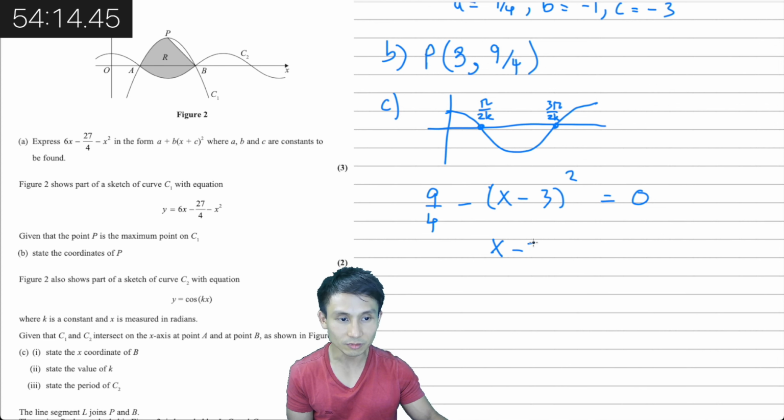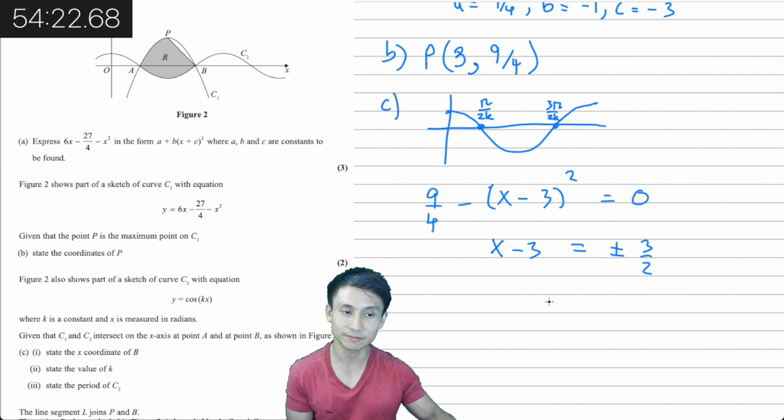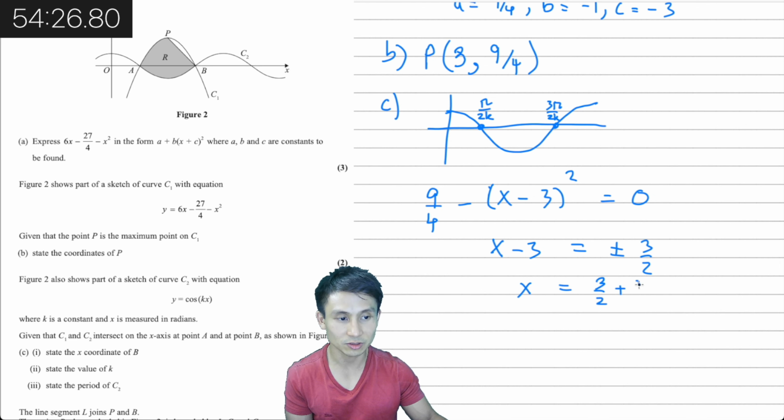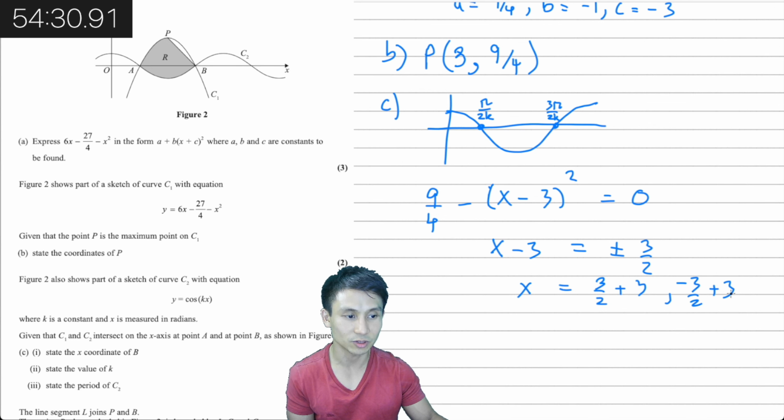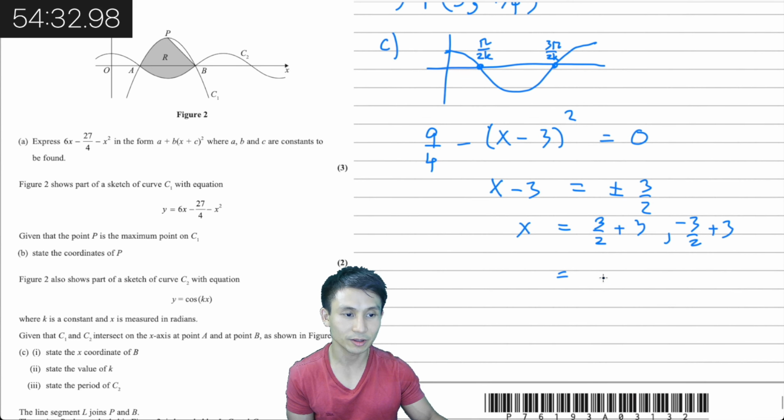So x minus 3 equals plus or minus the square root of 9/4. I move this to the other side and get plus or minus 3/2 when square rooting it. So x equals 3/2 plus 3 and minus 3/2 plus 3. So that would become 9/2 here: 2 multiplied by 3 is 6, and 6 plus 3 is 9. And this one, 2 multiplied by 3 is 6, 6 minus 3 is 3.